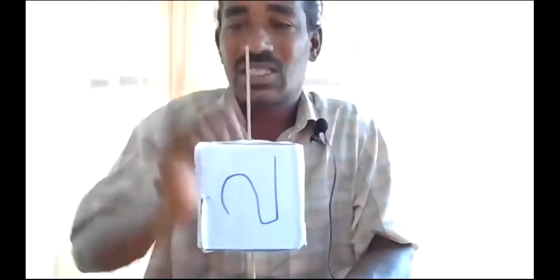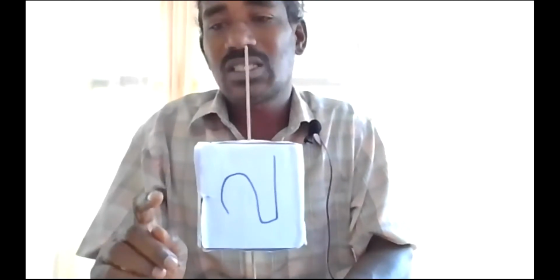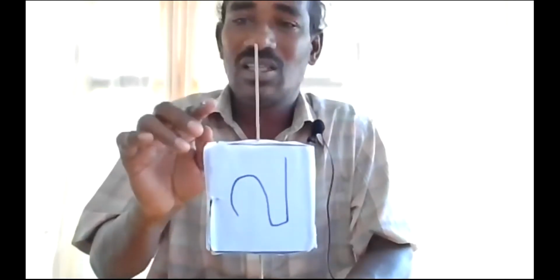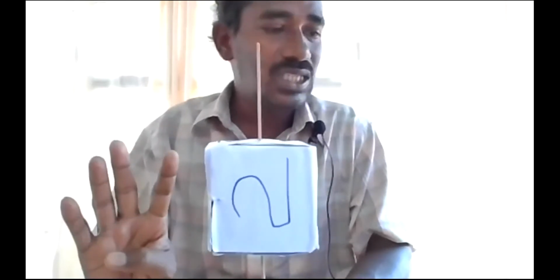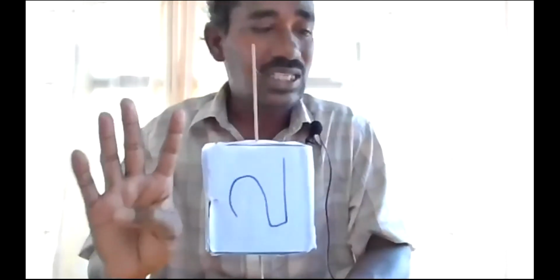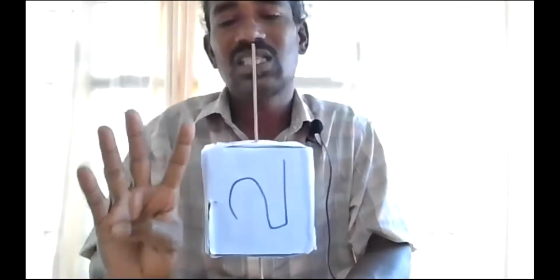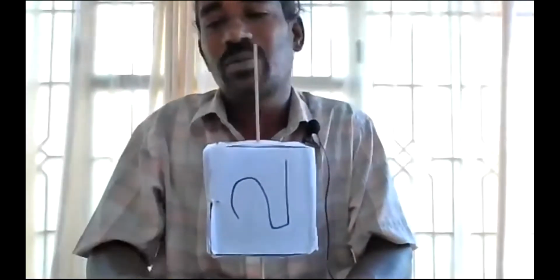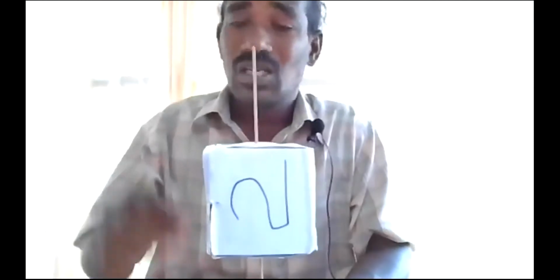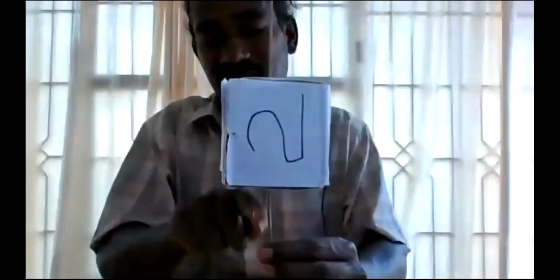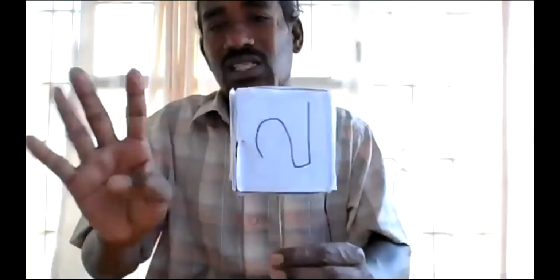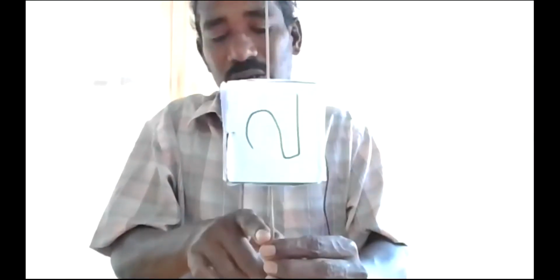Due to this axis, we got similar images 4 times. Therefore, we will call this a four-fold axis of symmetry. What is the name of this axis?